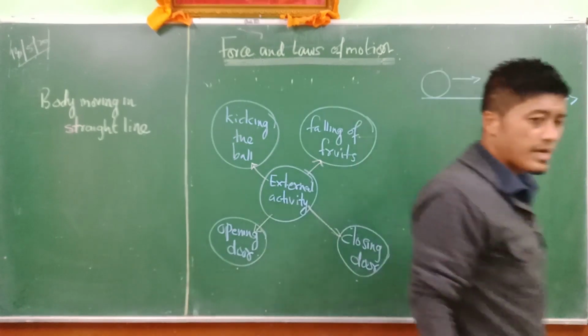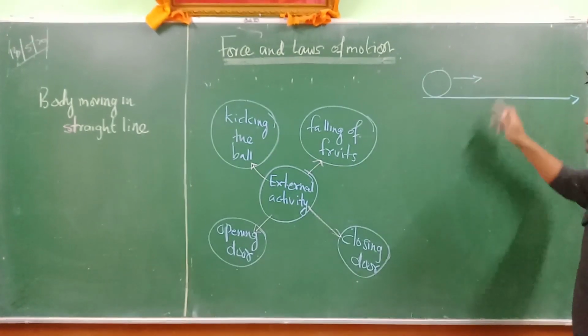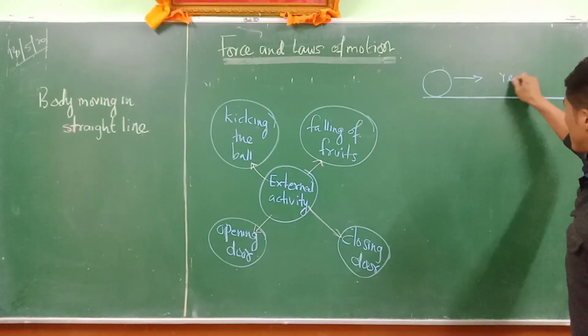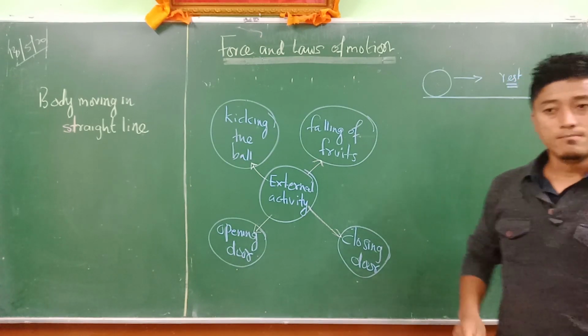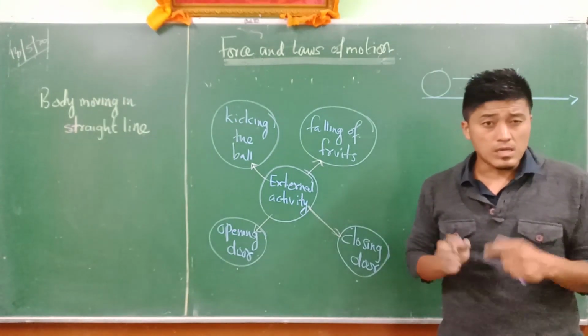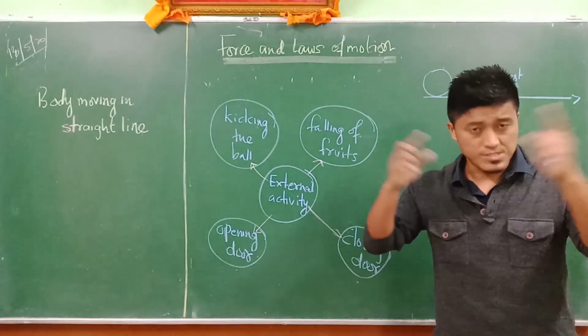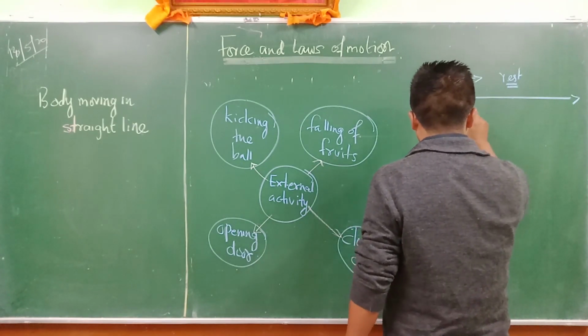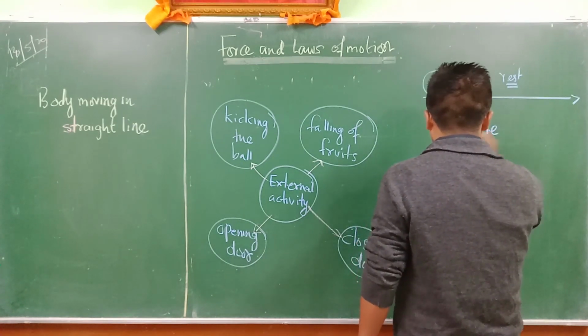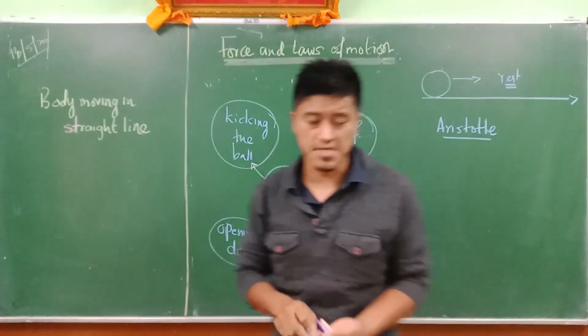Now we know that at a certain point, this ball is going to come to rest. This ball is going to come to rest at a certain point. So, having a close look at whatever is happening on the earth, Aristotle concluded two things here.